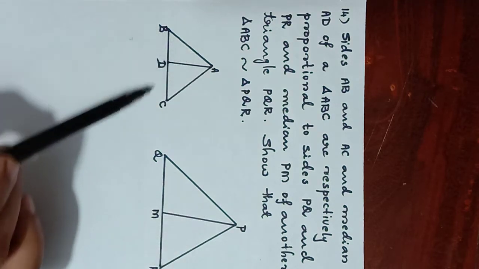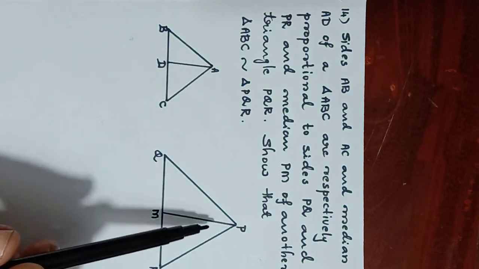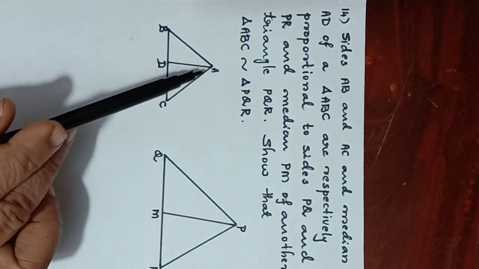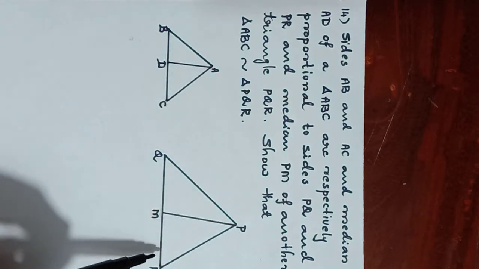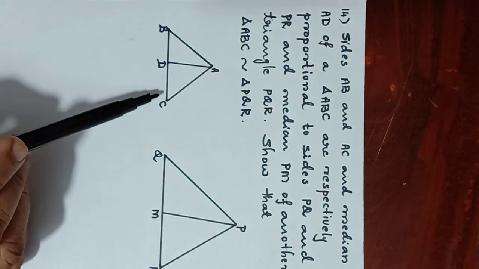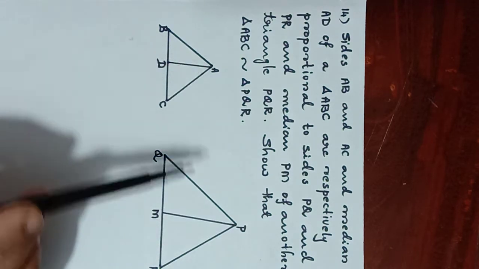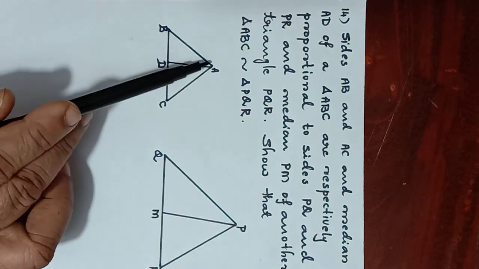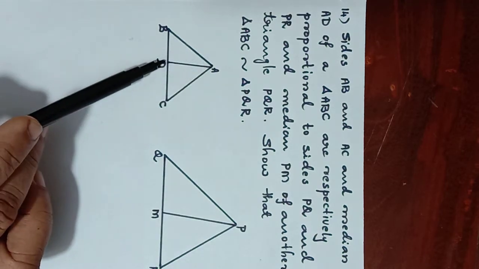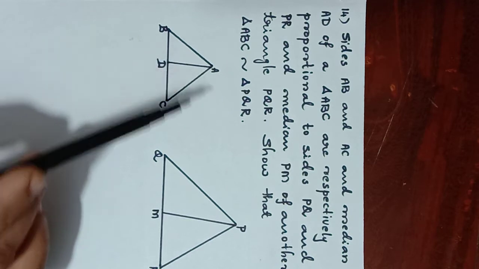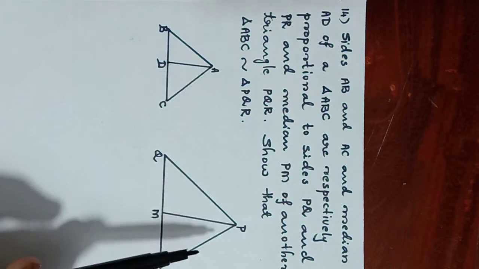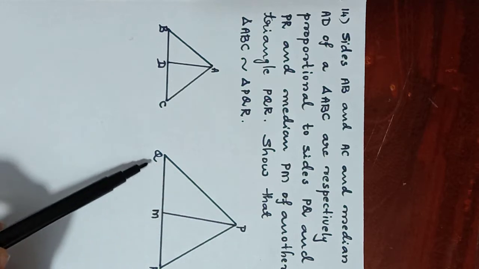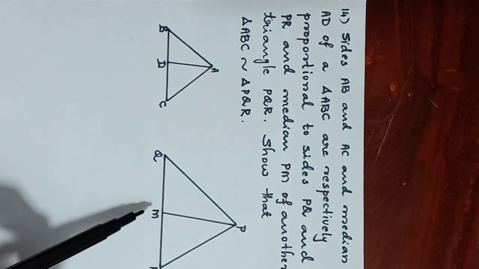Here we have triangle ABC and PQR. AB by PQ equal to AC by PR, that is equal to AD by PM, given to us. AB, AC and AD of triangle ABC are respectively proportional to sides PQ, PR and PM.